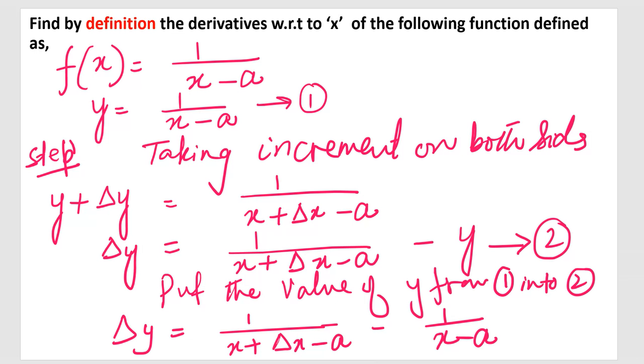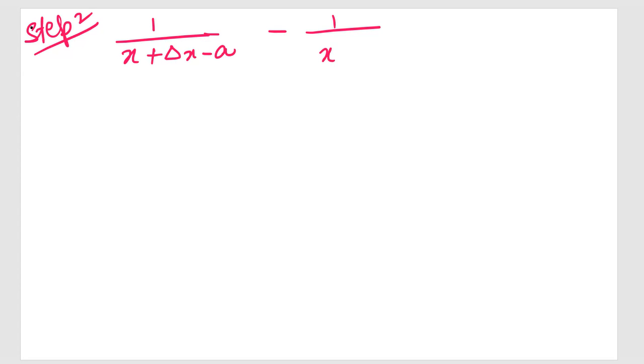Now we are going to solve this equation. When we start solving the equation, it will be our step 2. So I will write down one more time what we have here: 1 divided by x plus delta x minus a, minus 1 divided by x minus a, and this fraction is equal to delta y.